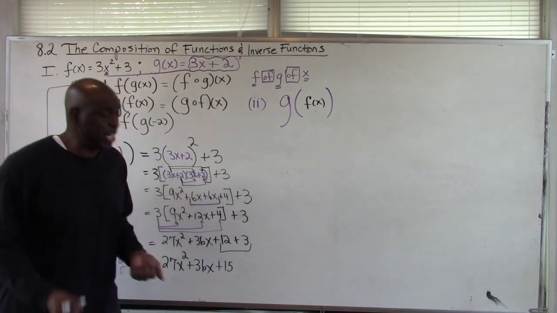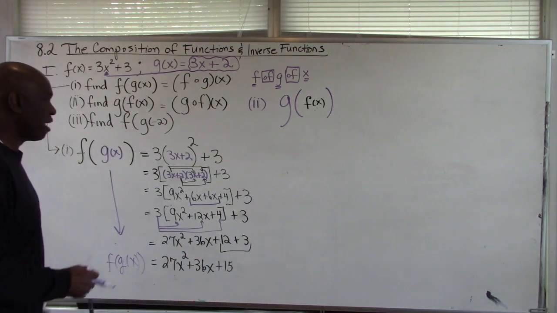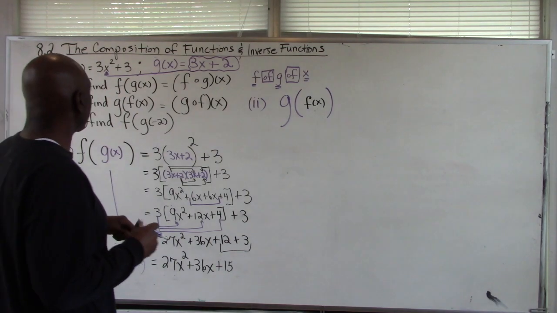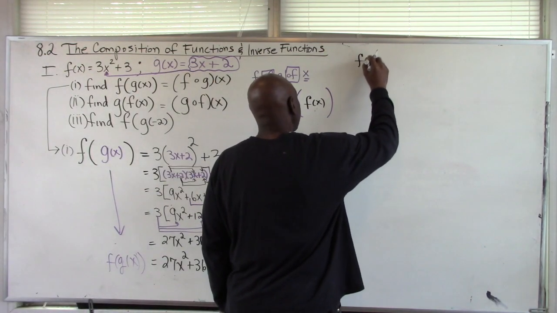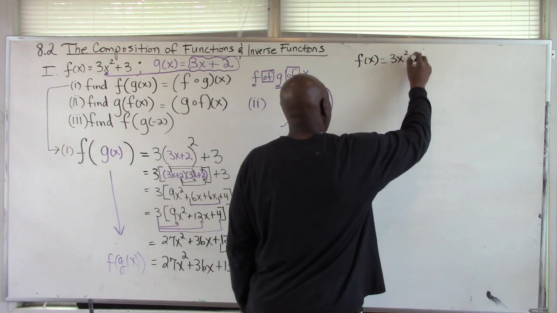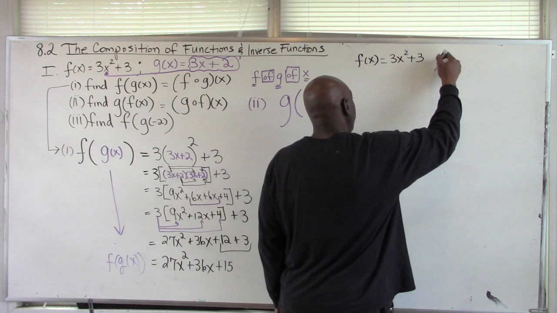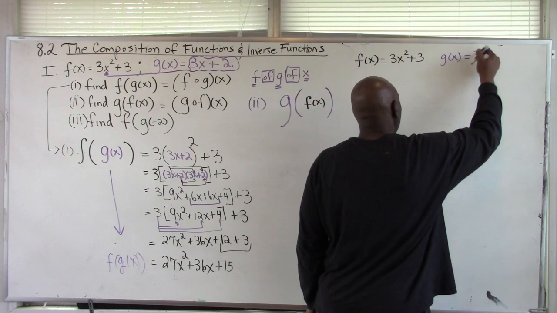So now g is on the outside and f's on the inside, right? Here's what it means. Watch this. We know that f of x is 3x squared plus 3. We know that g of x is 3x plus 2.